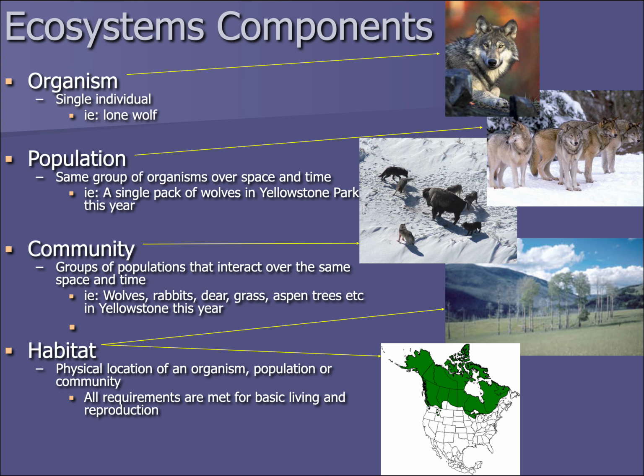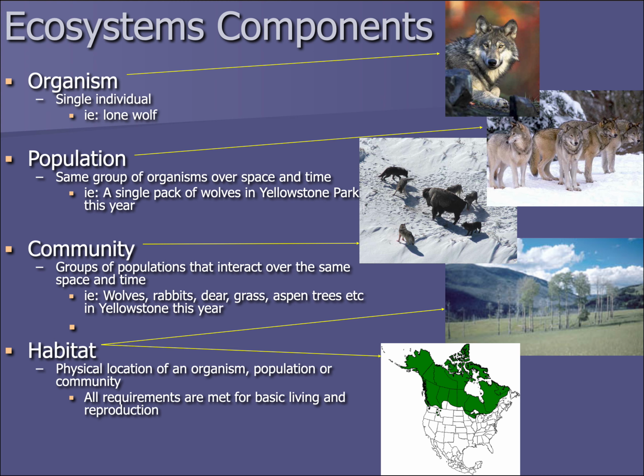Now, in the Yellowstone Valley and Park, there may be 2 or 3 different populations of wolves. Together, all three packs of wolves is not a single population. Each pack is its own population because they interact with each other over time.